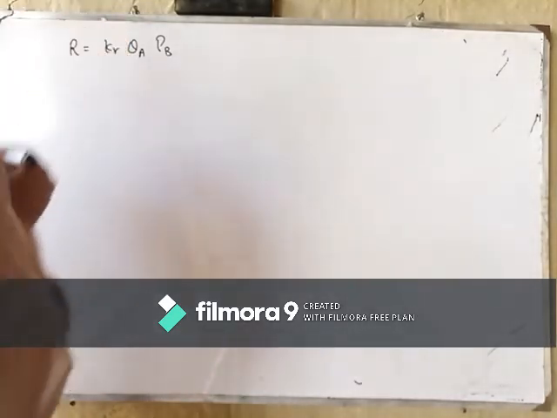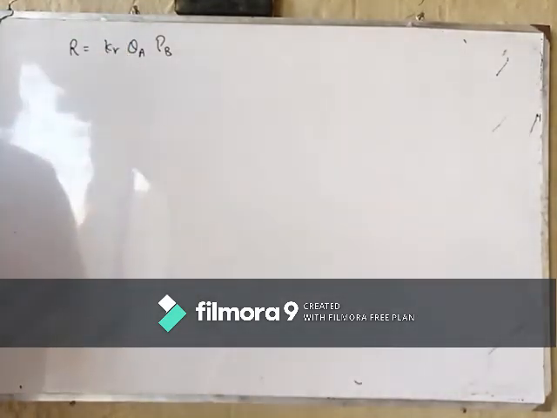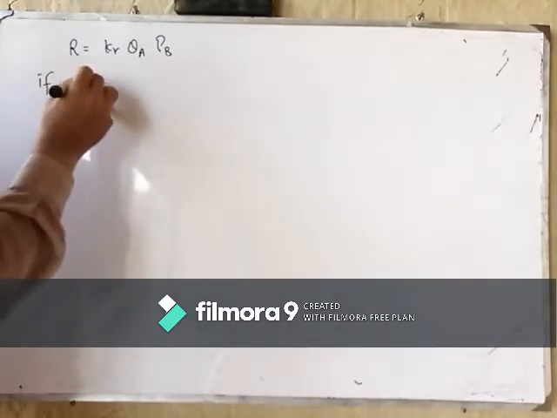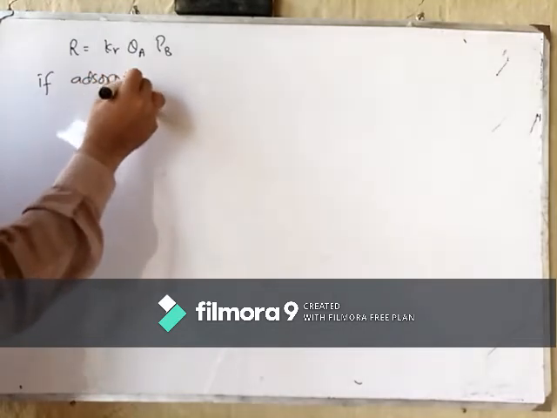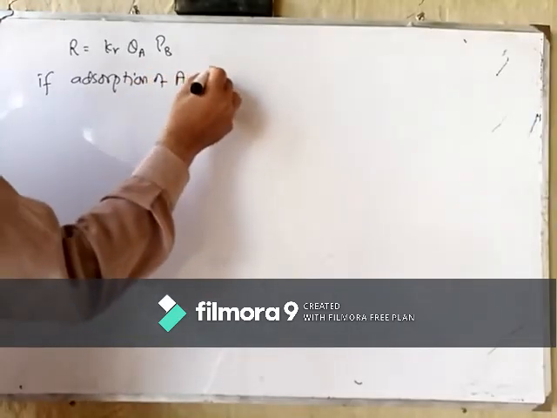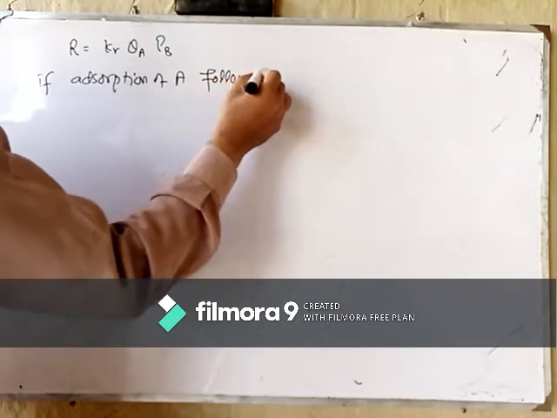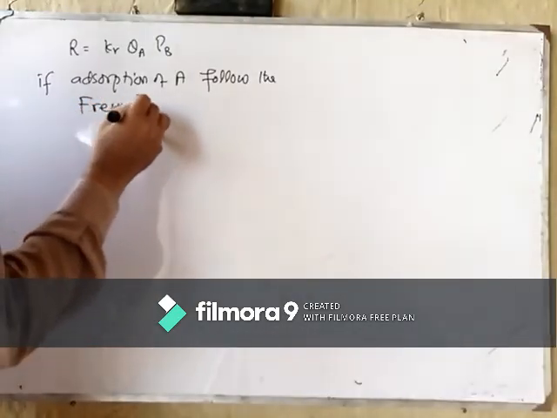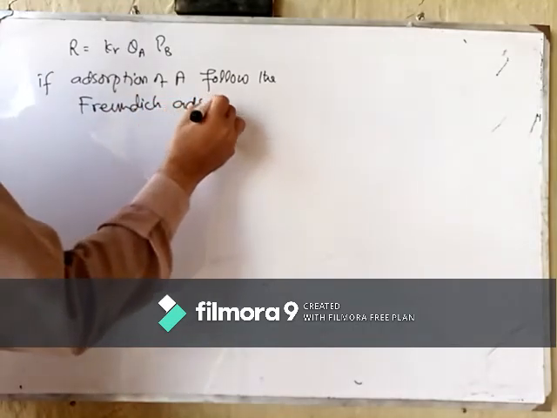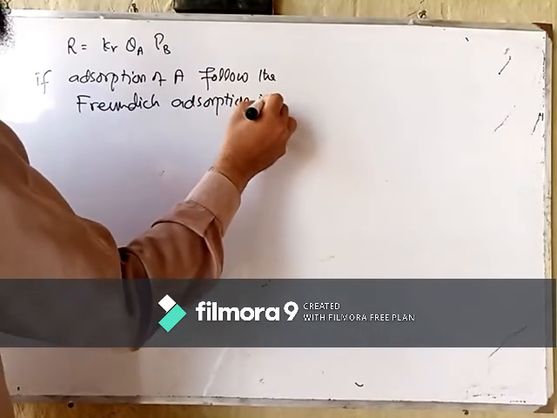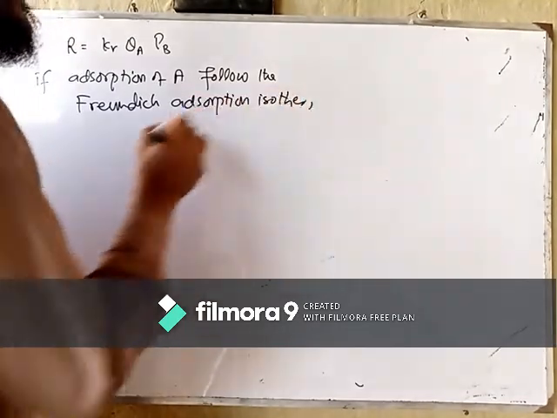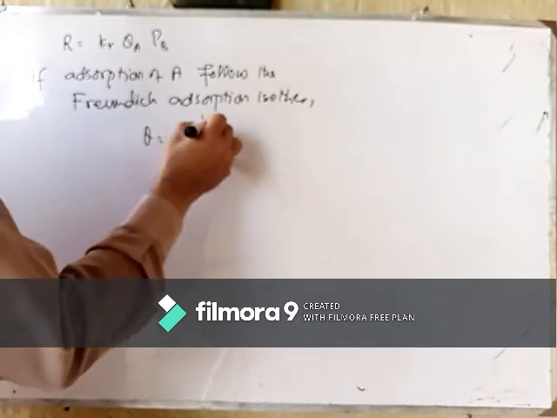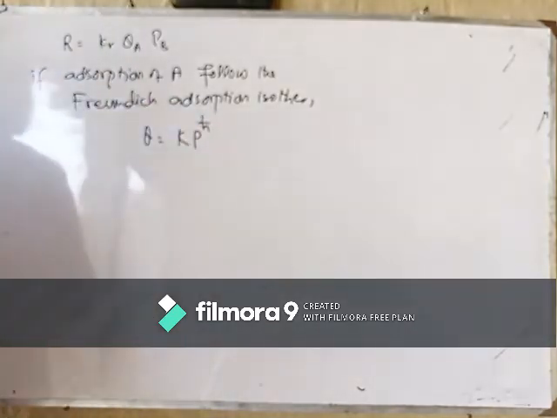If adsorption of A follows the Freundlich adsorption isotherm, Freundlich adsorption isotherm है theta is equal to K P to the power 1 over n. तो ये वैल्यू लगा लेते हैं.